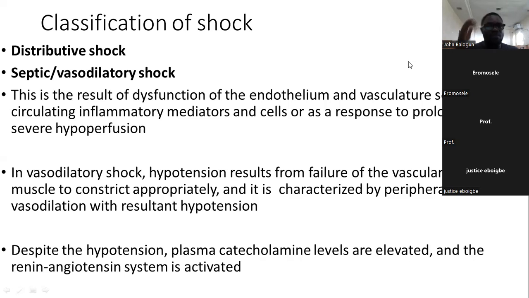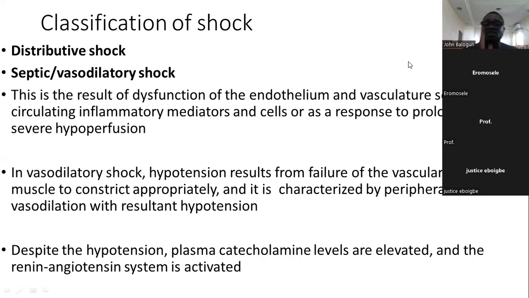Right? Now, if for any reason there's injury, commonly to the spinal cord, and that autonomic supply to the blood vessel is cut off, the tone is lost, you have neurogenic shock.